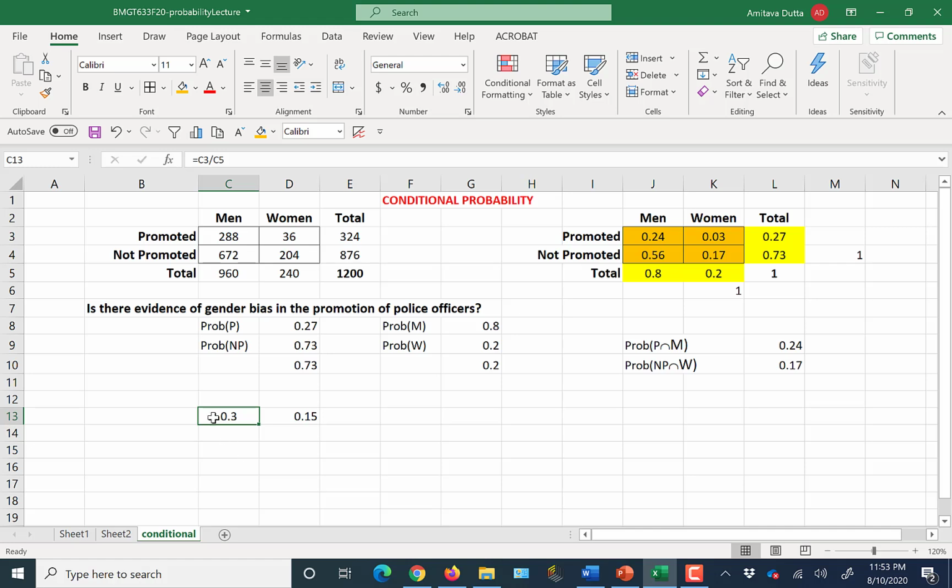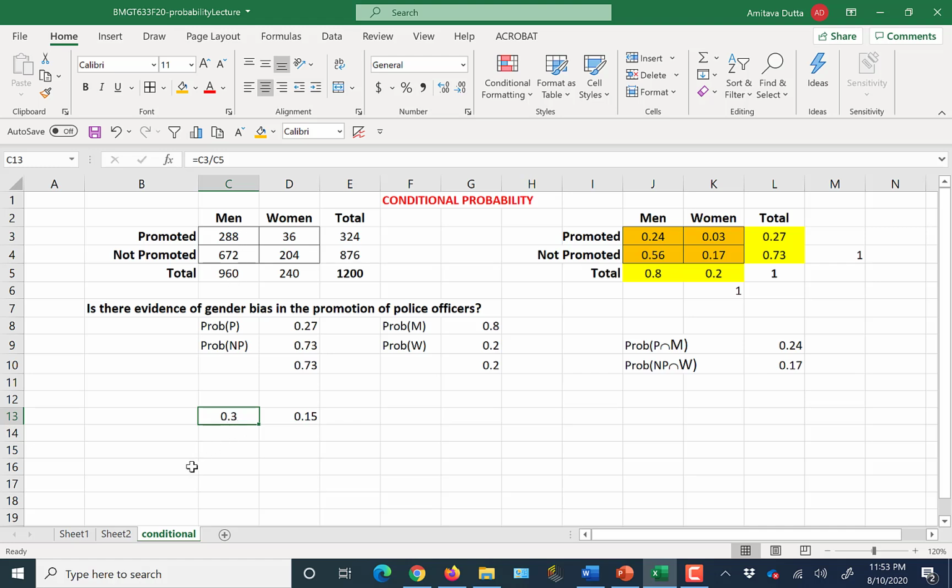It is the probability of being promoted given that the officer is a male. So I do pick at random, but I don't pick any officer at random. I pick a male officer. Out of the 960 male officers, I pick an officer at random. What is the likelihood that they were promoted?